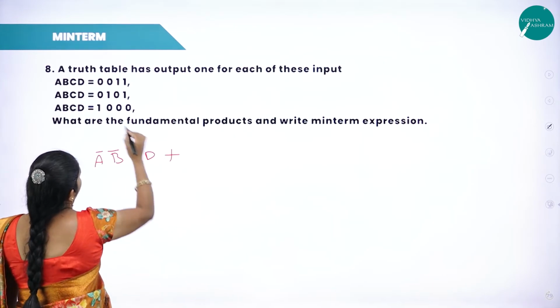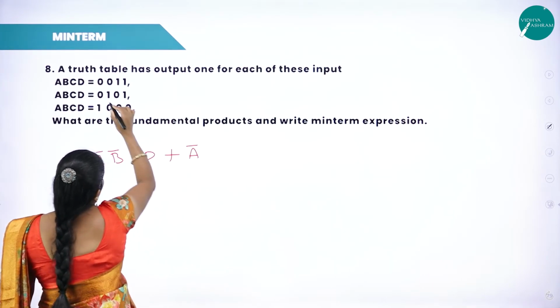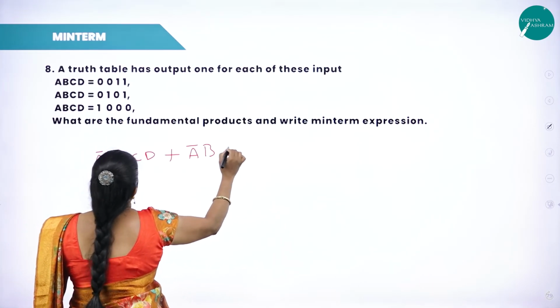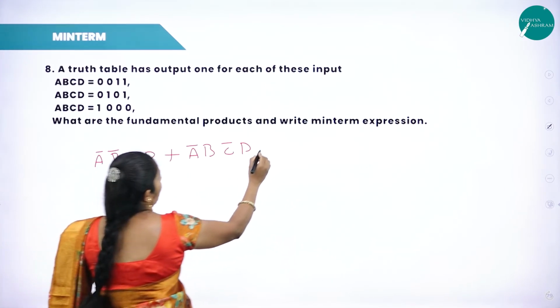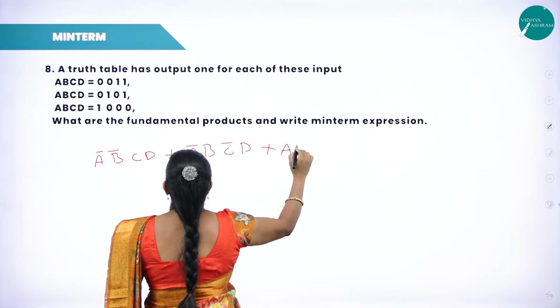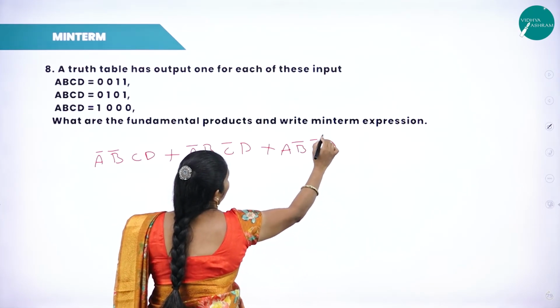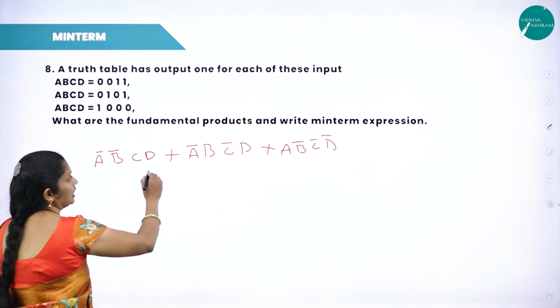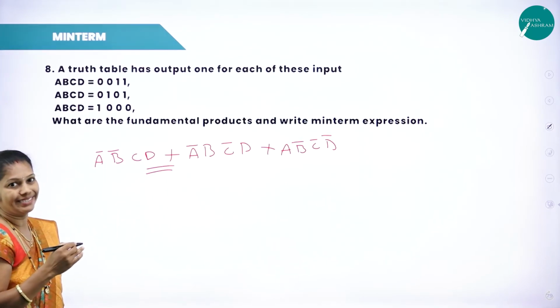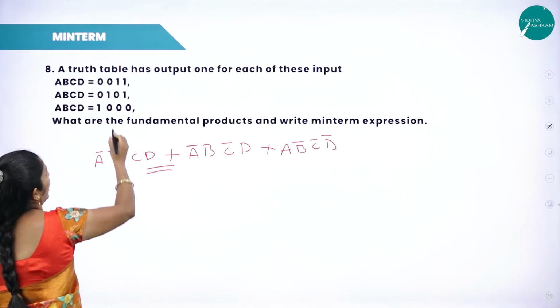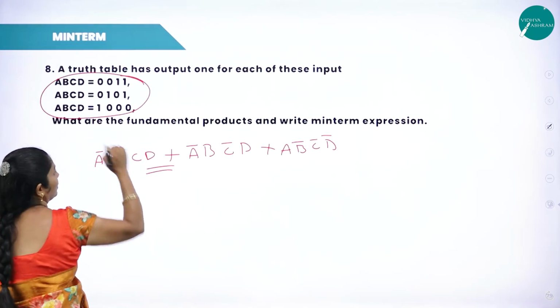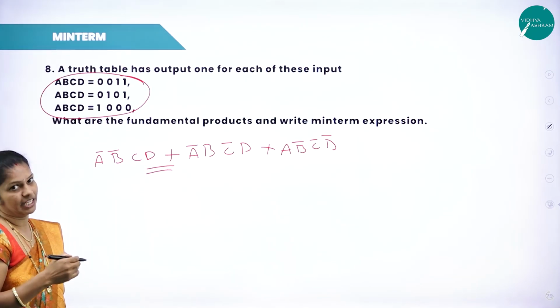Next, plus A bar, B, C bar, D. Second part is written. Next, plus A, B bar, C bar, D bar. Like this, you can find the min term expression for a truth table that has these output values.